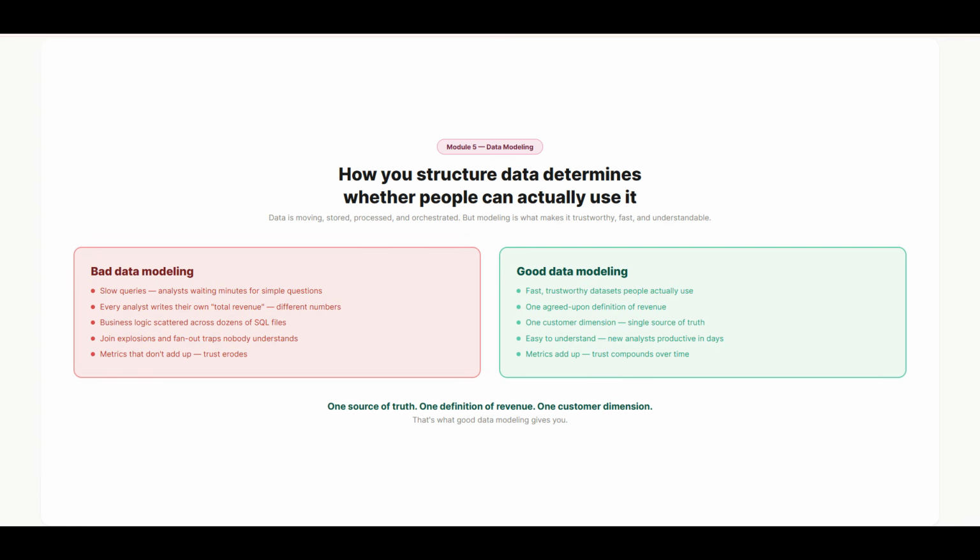So data is moving, stored, processed, and orchestrated. But how you actually structure that data, how you model it, determines whether the people consuming it can do their jobs effectively. Bad data modeling means slow queries, confused analysts, and business logic scattered across dozens of different SQL files that nobody can maintain.